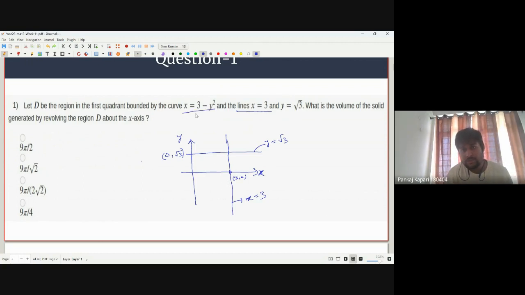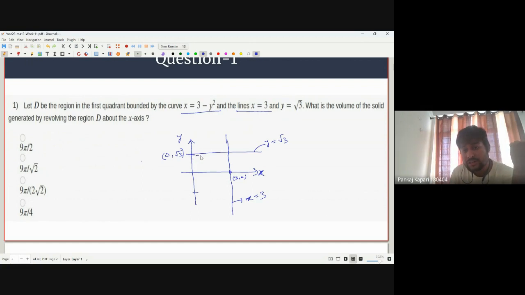In this equation, if you put y equal to 0, you get x equal to 3, which means the vertex of the parabola is here. If you put y equal to root 3 or minus root 3, then x becomes 0, which means you are on the y axis.